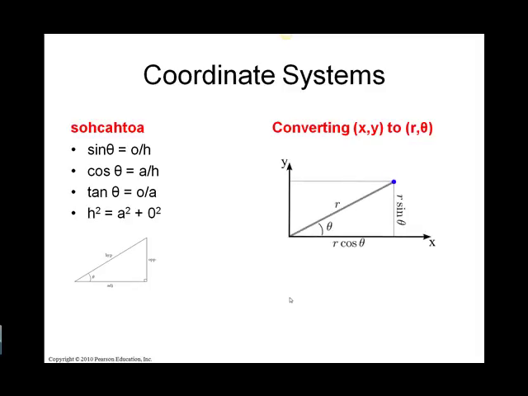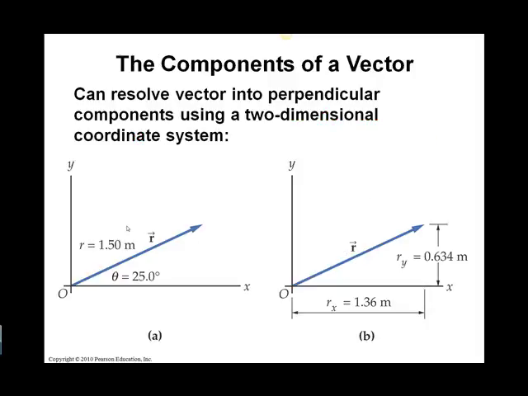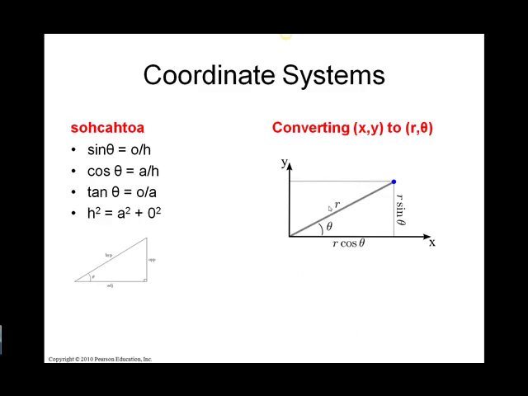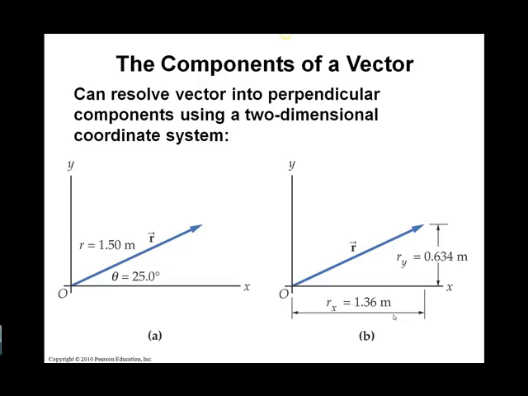So, for example, if I know r and theta, then r cosine theta will give me my x component, and r sine theta will give my y component. So here's an example.